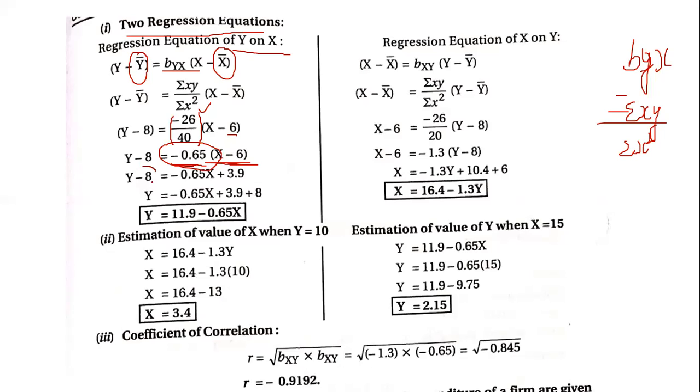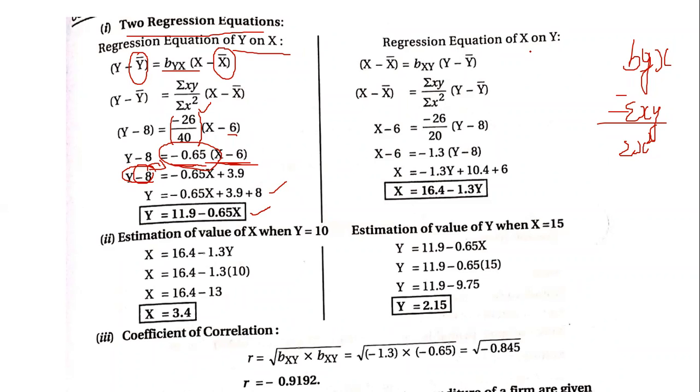Now minus 8 will come on to the other side, so it will become plus 8, and the final equation is y is equal to 11.9 minus 0.65x. So this is the regression equation of y on x.